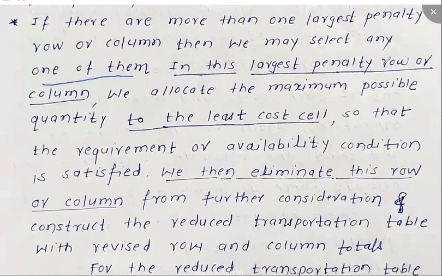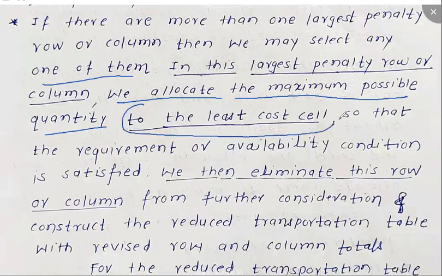In this largest penalty row or column, we allocate the maximum possible quantity to the least cost cell.